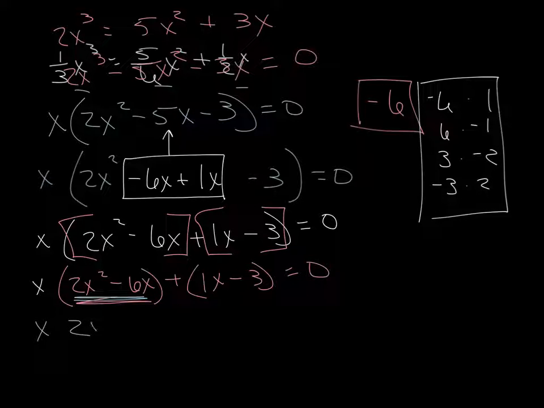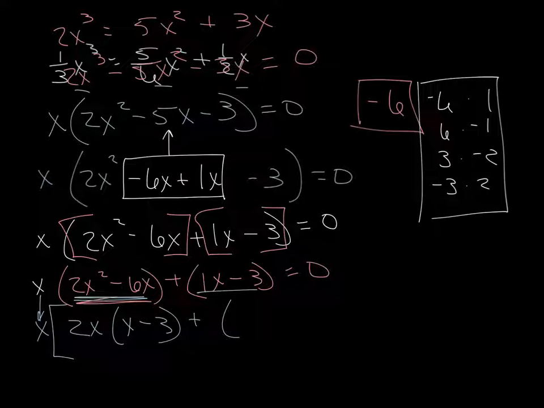A 2 and an x. And we'll keep, again, this x here away from everything. That leaves me with an x minus 3. Over here, I can't factor anything out, so I'm just going to leave it as x minus 3. Actually, there's a 1 here, right? Let's keep that 1 out there.